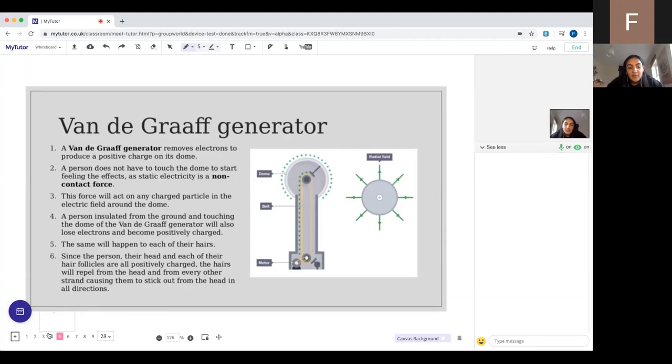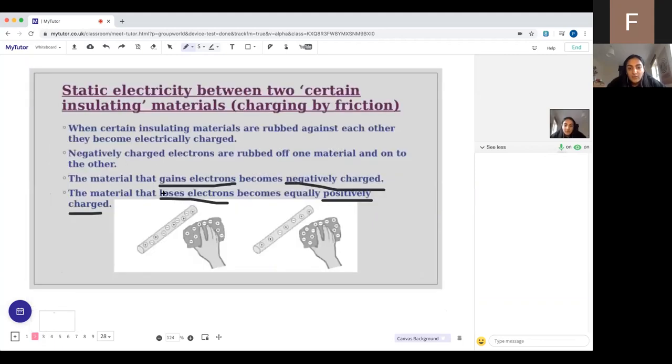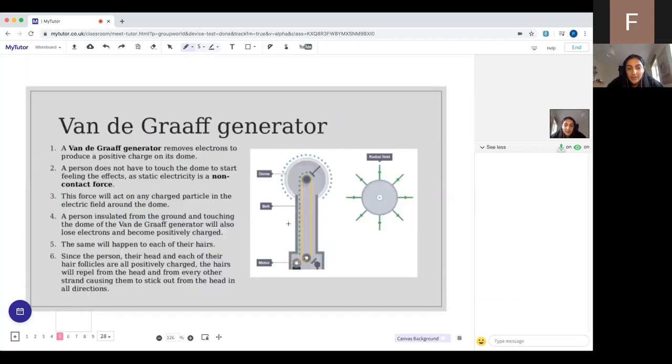If we think back to the first part, when we lose electrons, we become positively charged. And that's exactly what happens on the surface of the Van de Graaff generator. So it removes electrons to produce a positive charge on the dome. Okay, so that's the first step.